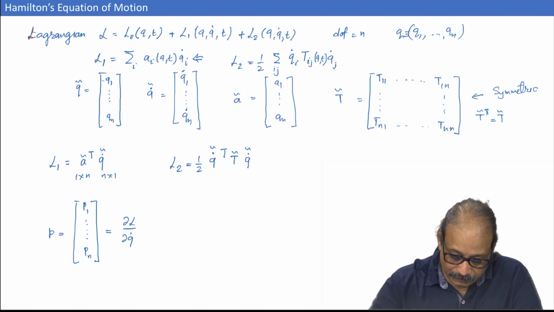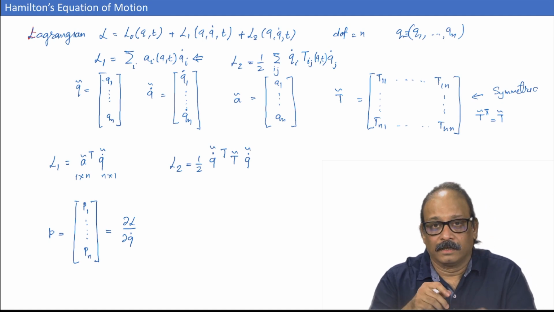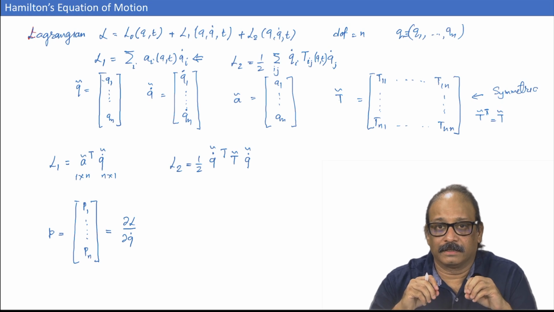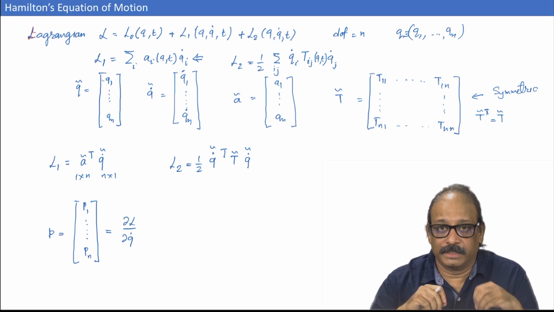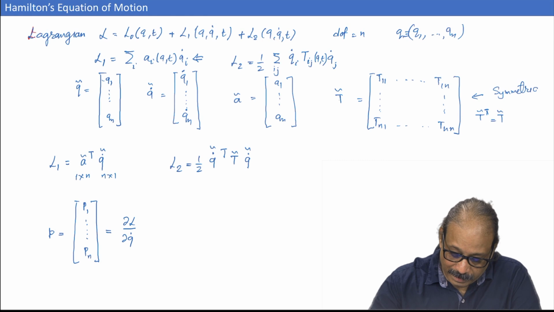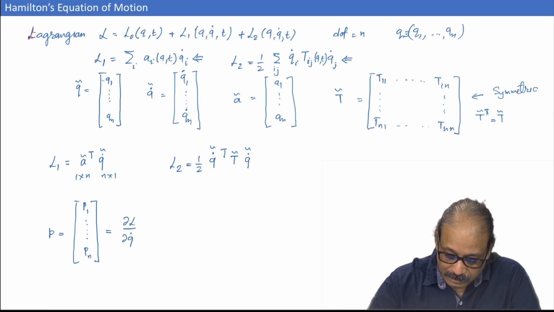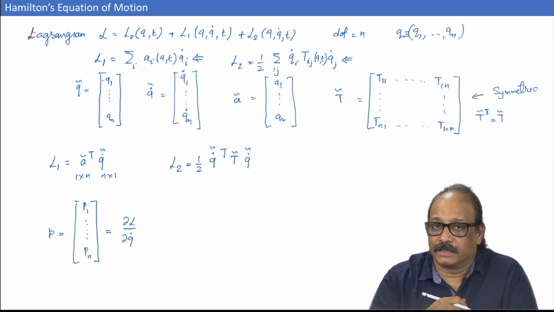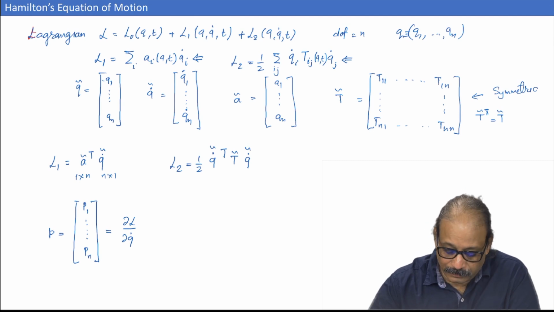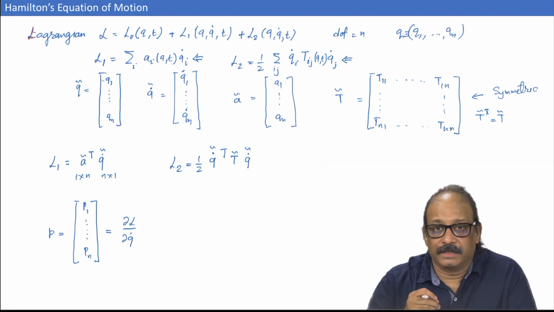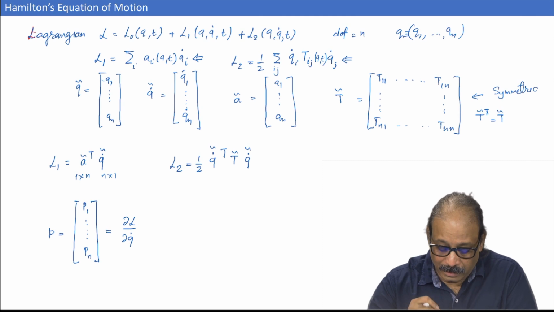Okay. Now, what will this come to? When you take a derivative of L1, if you are taking derivative with respect to Qj dot, all that you are left with is Aj. And for the L2 term here, when you take a derivative, then all that you will be left with is summation over j of T_ij Qj dot.